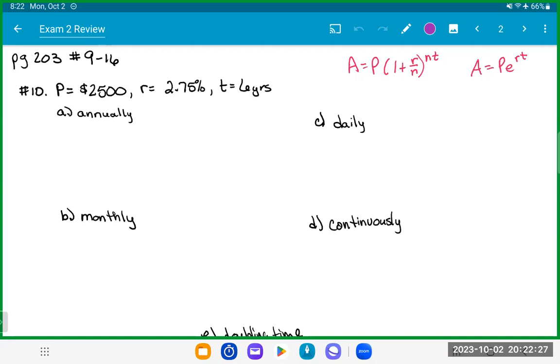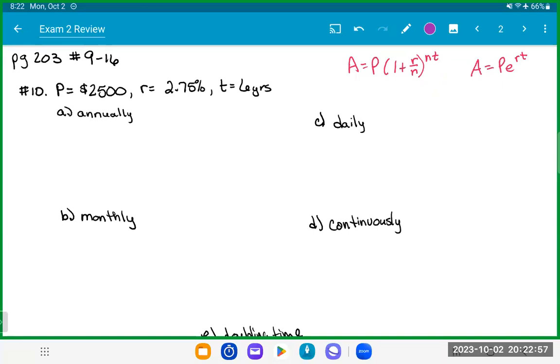So looking at your interest formula, if our growth is annually, daily, monthly, quarterly, something like that, you're going to need to be able to do that based on this first formula, right?